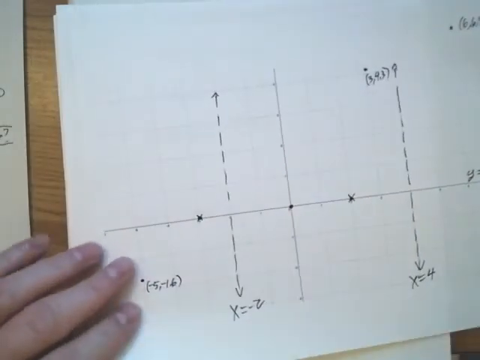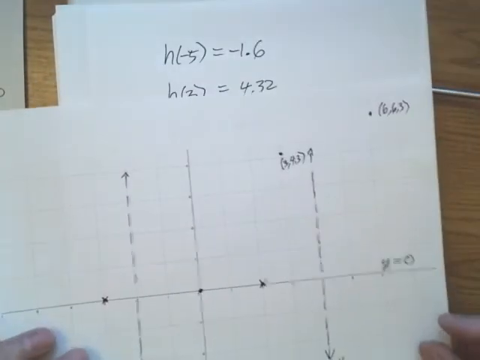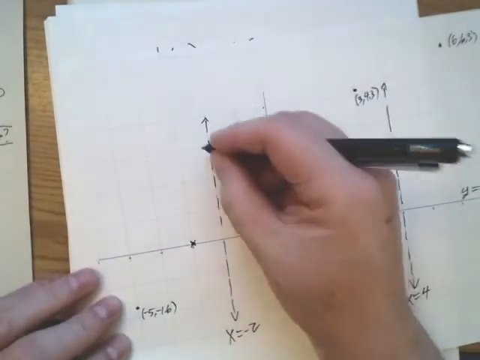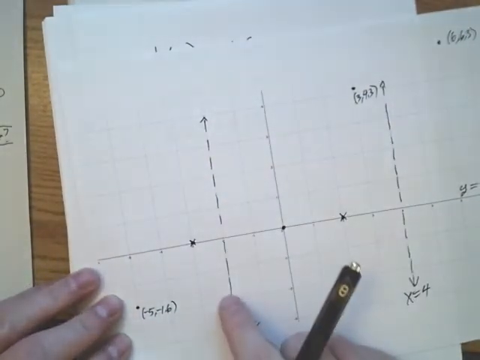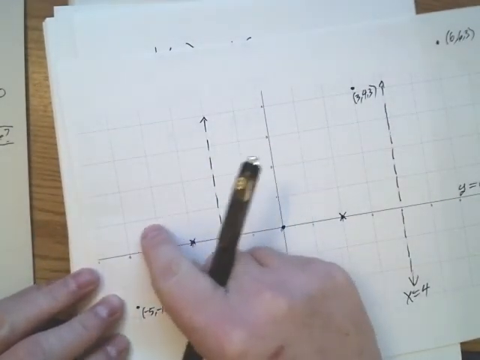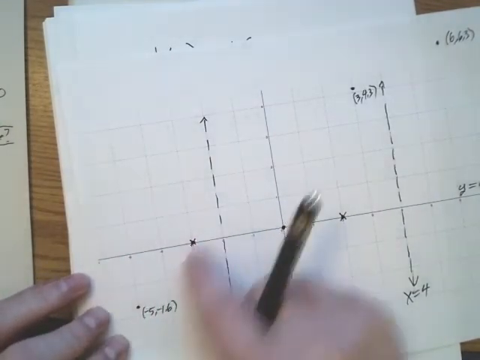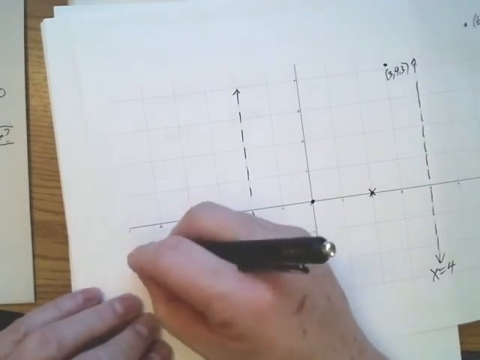Now, remember that these are vertical asymptotes here. So what's going to happen is the following. It's going to have to be asymptotic to this. Could it be doing this? I mean, it's got to go through this point here, and it's got to go through this point here. It crosses right here. Do you see what's going to happen? This thing actually does this.